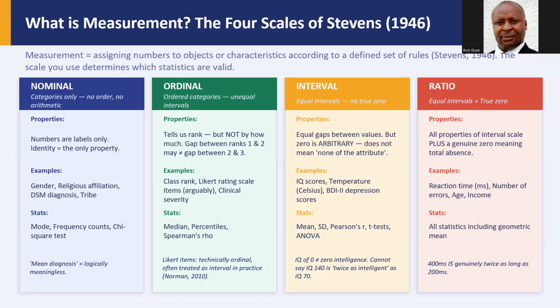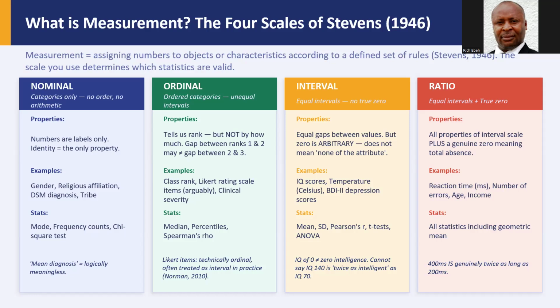The third scale is the interval scale. The interval scale has all the properties of ordinal scale. It is ordered, it's in categories, and the intervals between the points are always equal.